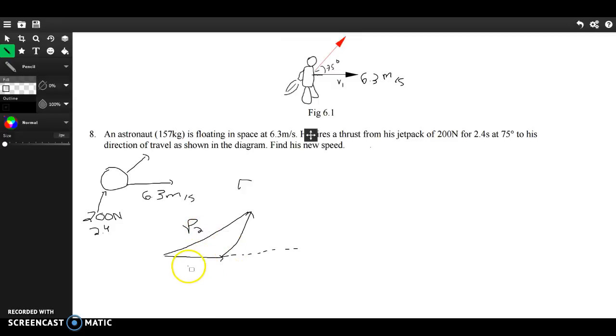What I basically drew here is he's initially going to the right. He's chilling, going along to the right at the first momentum. And then he gets a force upwards, diagonally at a 75-degree angle from his jetpack. His jetpack goes off and he changes direction and he goes this way. And so if you add the two vectors together, he goes in this final momentum. So that's our first triangle.